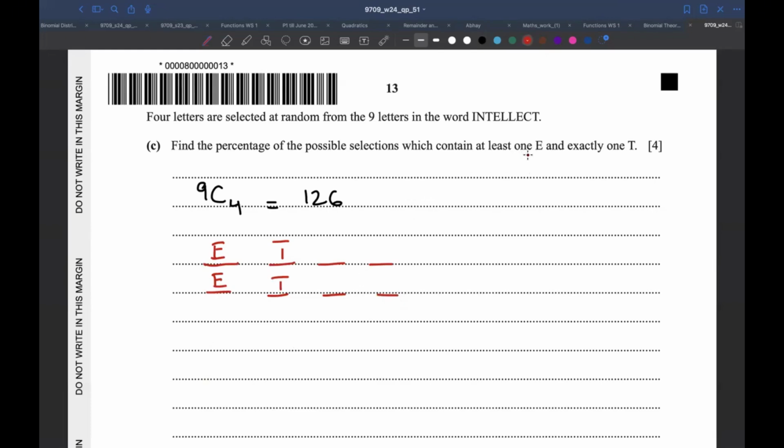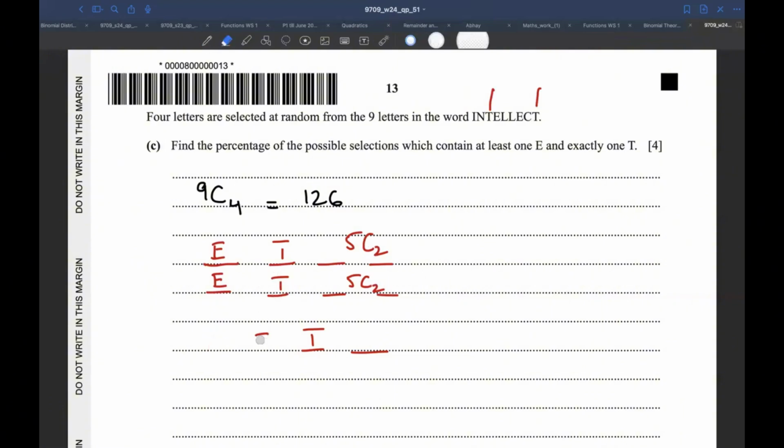And as it said at least one E, it could have been two E's as well, right? So if I put two E's over here and exactly one T, the last could be anything. For the first case, the two remaining selections are 5C2. But if you look over here, there are two different T's and two different E's, so there will be more combinations.